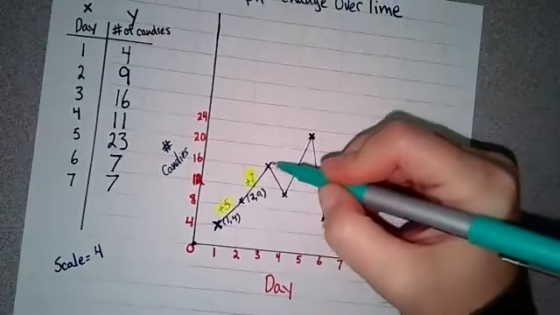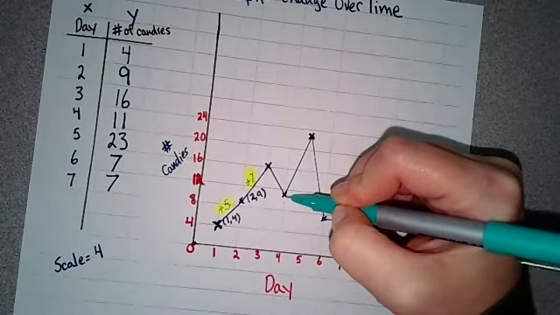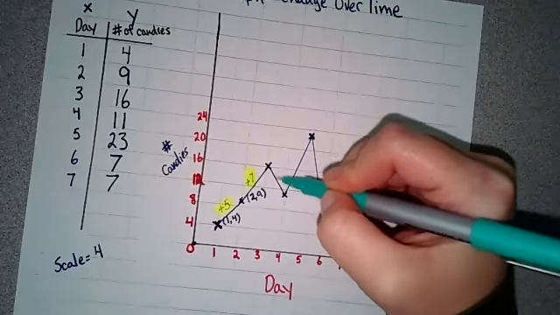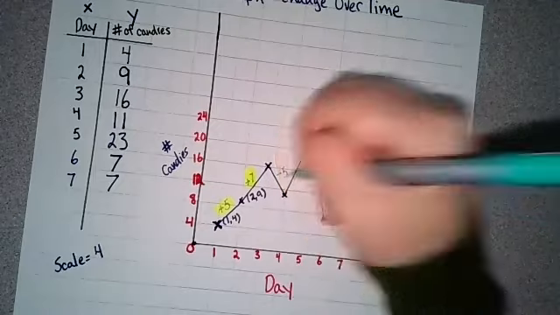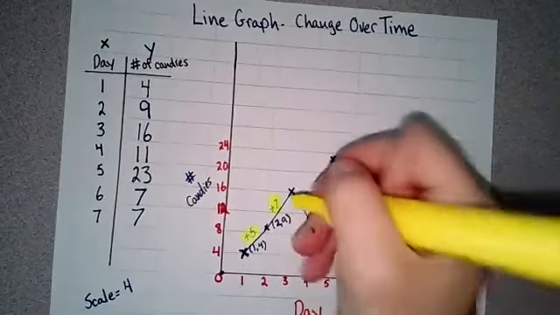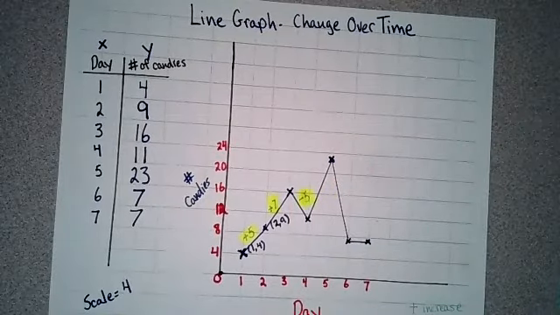Okay. Then from day 3, it was 16, and it went down to 11. Okay, so from 16 to 11, it decreased 5. So write a -5 and label it. Then let's do our next one.